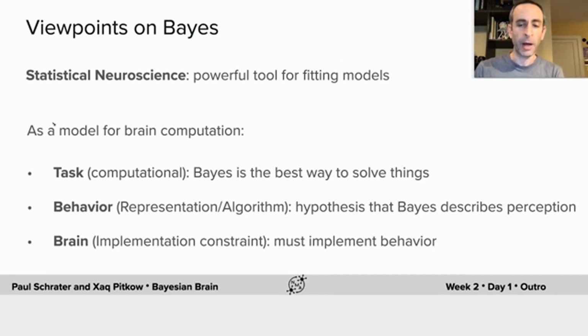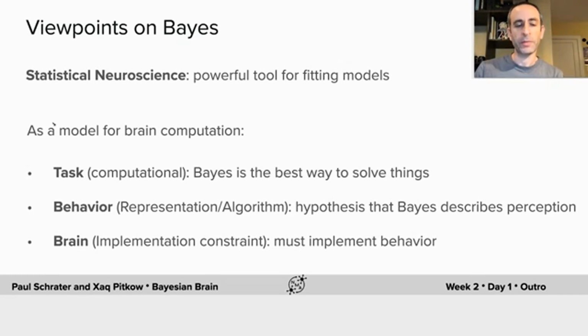That's a testable hypothesis. And then finally, we have the implementation level, which says that if behavior is in fact following Bayes' rule, then the brain has to implement that. And so that gives us constraints on the computations. These are all things that are active topics of study. The task: we think about Bayesian computation for machine learning, for example, or robotics.